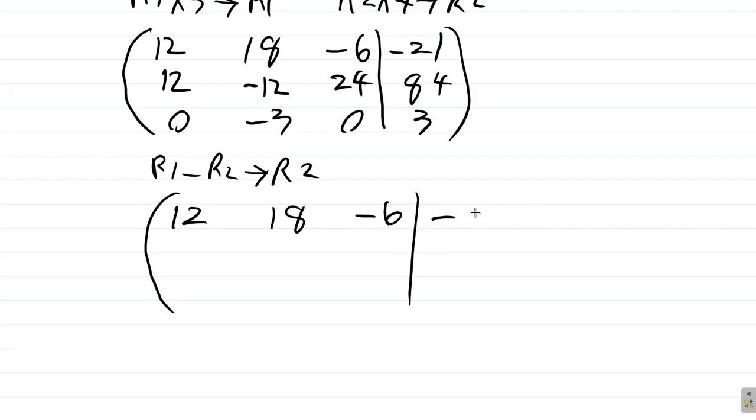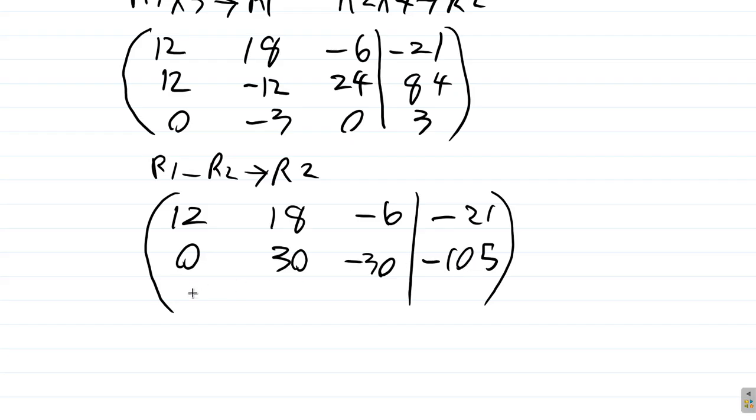Then 12 minus 12 is 0. 18 minus negative 12 is the same as 18 plus 12, which is 30. Negative 6 minus 24 is negative 30. Negative 21 minus 84: negative 4 and 1 is 5, 8 and 2 is 10, so negative 105.